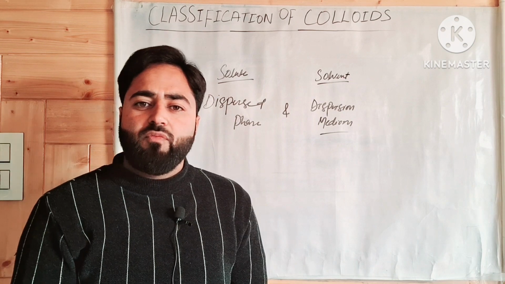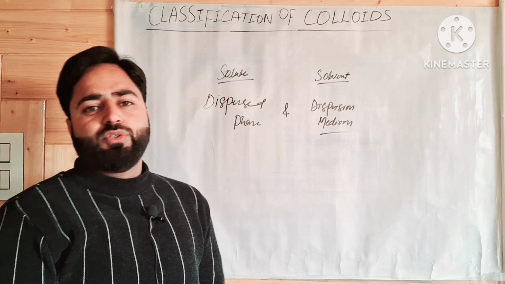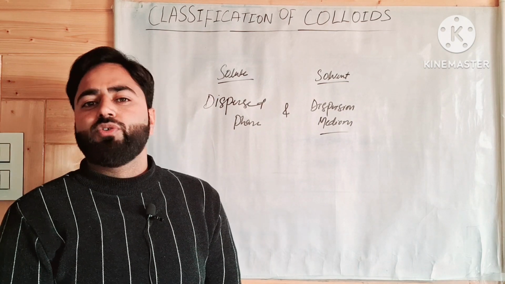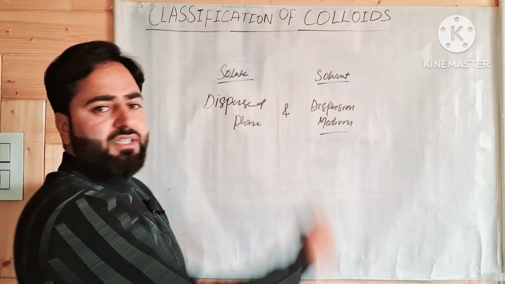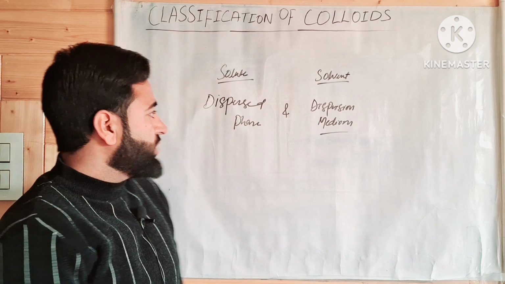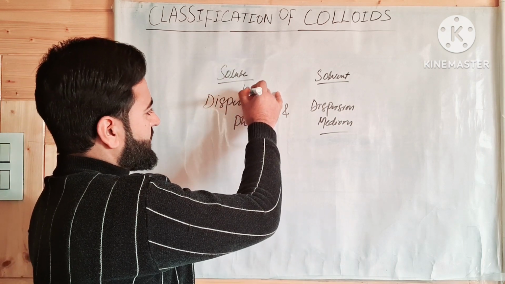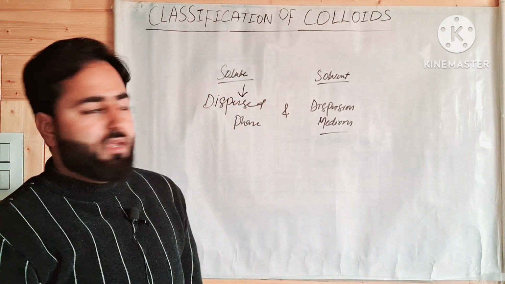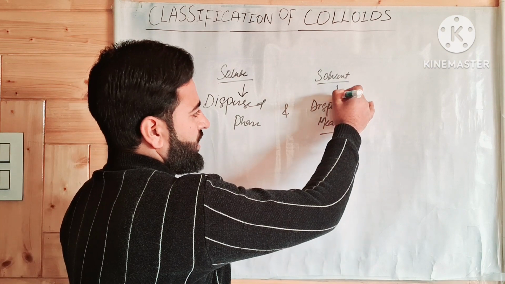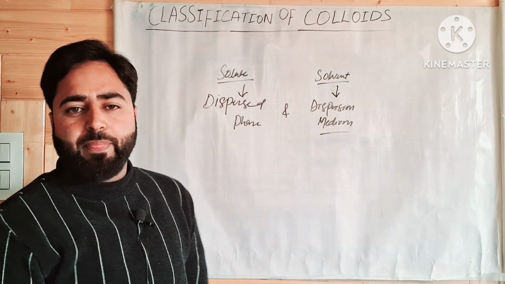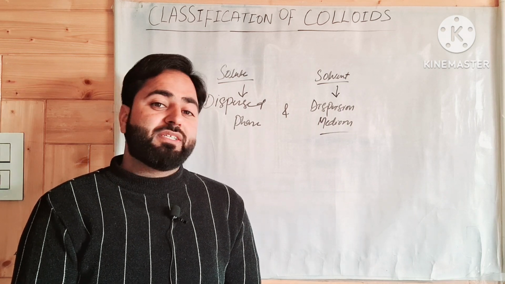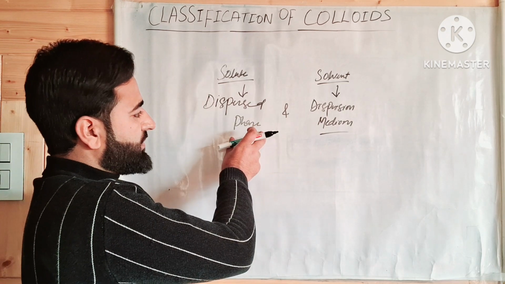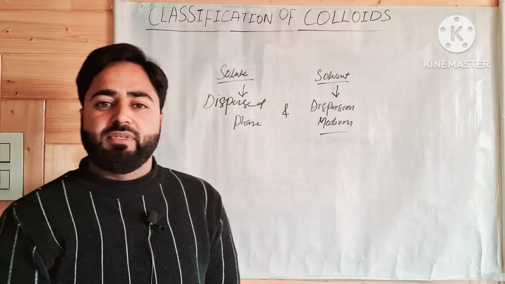Suppose we make a saline solution: the salt is the solute and the water is the solvent. This solute is also called the dispersed phase, and the solvent is also called the dispersion medium. So the classification of colloids is based on the physical state of the dispersed phase and dispersion medium.